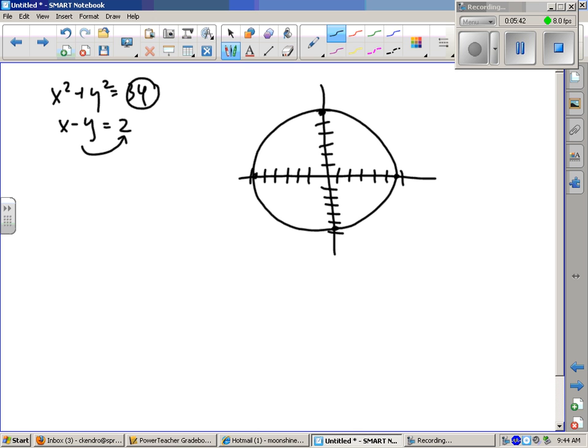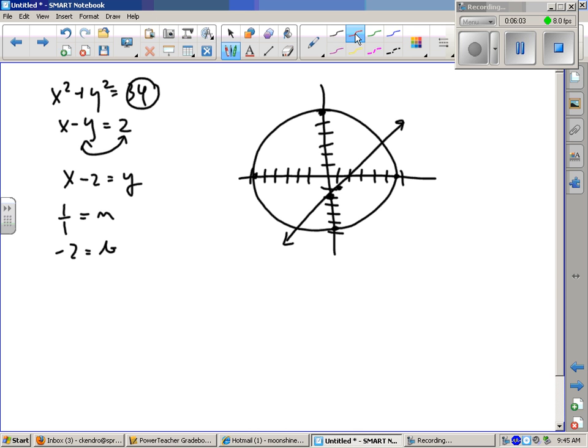So now what I'm going to do is swap these two, so I have x minus 2 equals y. Your slope is 1 over 1, and your y-intercept is negative 2. So that's your b. y equals mx plus b. So I'm going to go down 2, put a point, and then rise 1 over 1. And so it's going to look something like that.